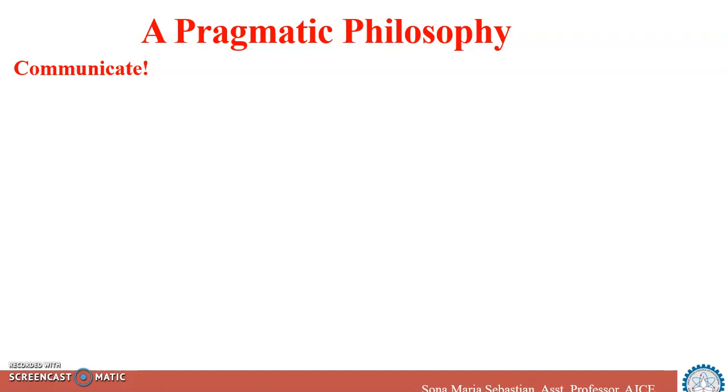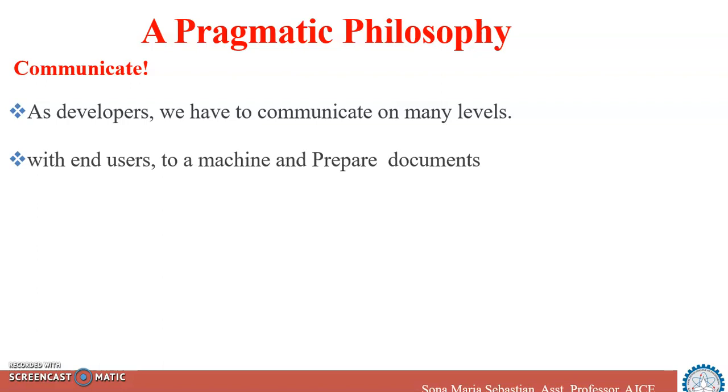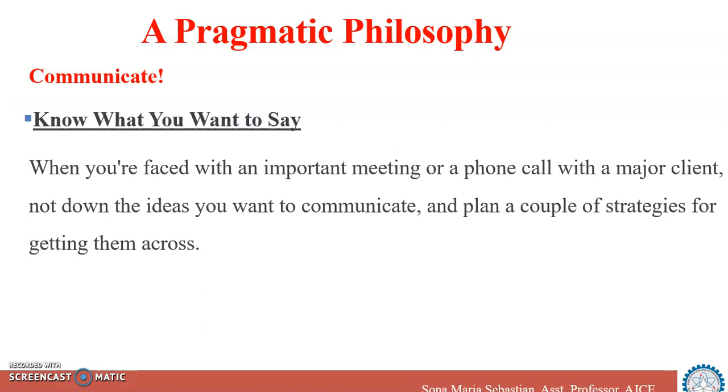And the last point in pragmatic philosophy is communicate. A developer communicates on many levels: with end users, trying to understand their needs, writing code which communicates our intention to the machine, and preparing documents for future generations of developers.